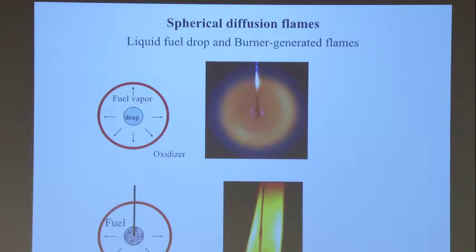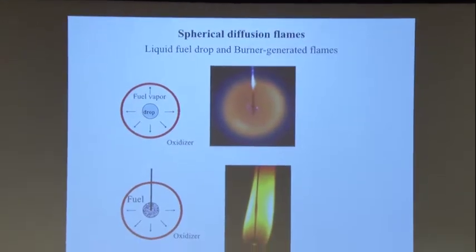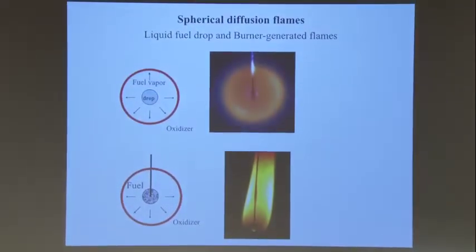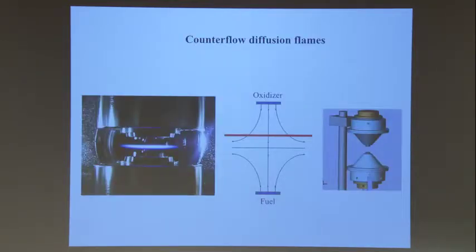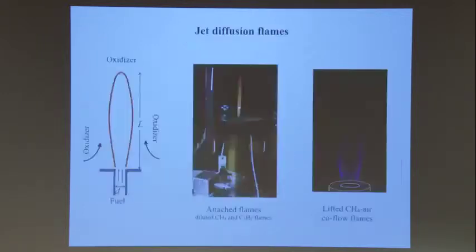Here is the spherical diffusion flame. This is what the droplet will look like as a result of natural convection. If you can eliminate it somehow, for example, at low pressure, or in microgravity, you're going to obtain a more spherical flame. This is the counterflow flame, and that's the configuration and the planar flame that you establish.